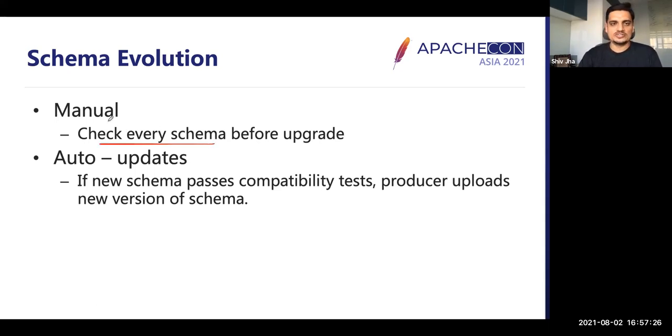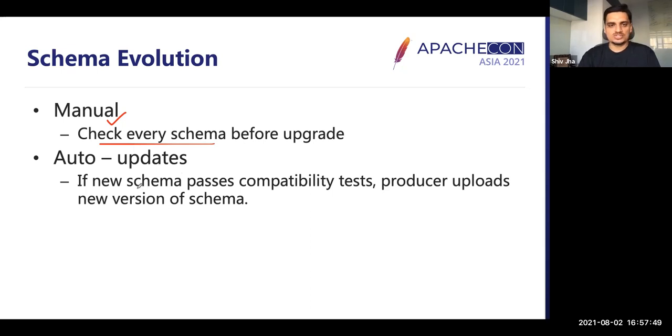We have used manual evaluation process for a while, and it sort of works. It's especially good if you have developers who are not really good with these things. So it gives you time, with the code review approach, to guide them with schema evolution and new schemas, or using the older schemas only.